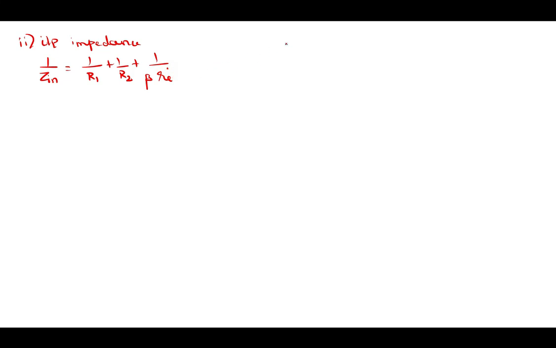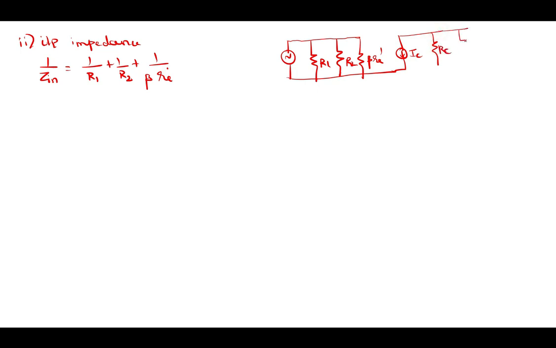This is because, if you remember the transistor RE model, you have 3 resistors at the input which are connected in parallel. This is beta RE dash, this is R2, this is R1. Then I am having a current IC, then at the output I am having RC and RL.